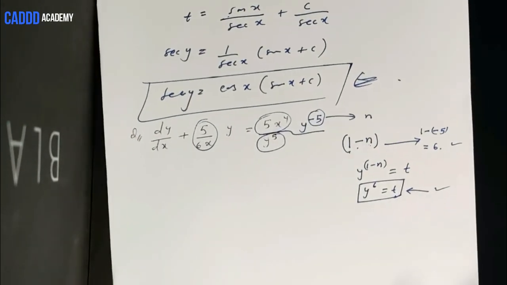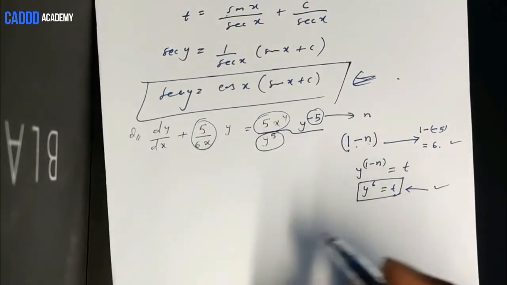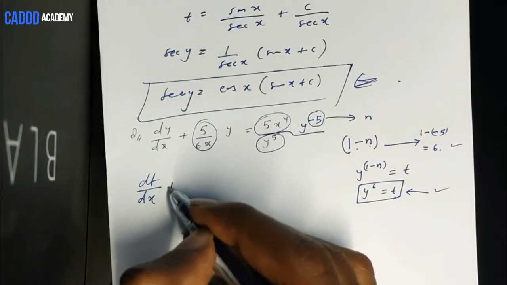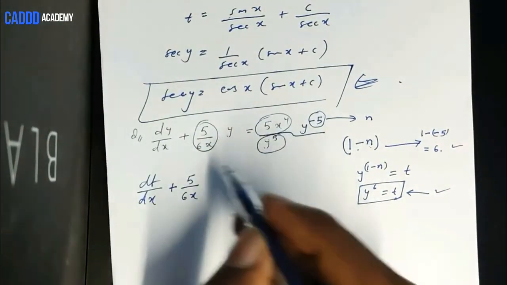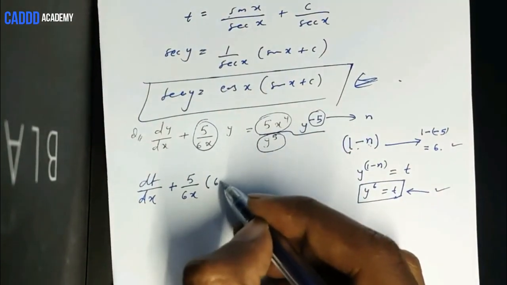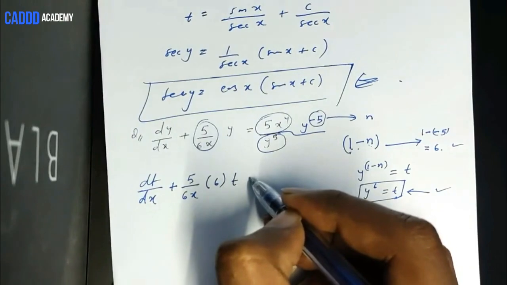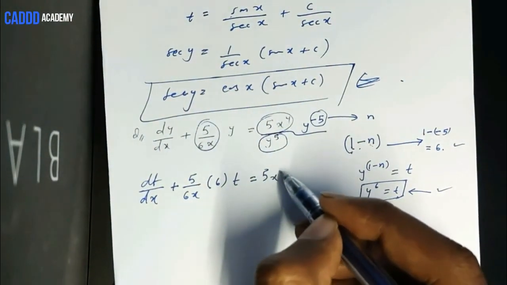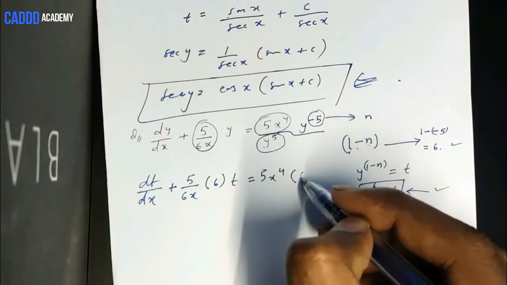Now this equation can be written as a linear differential equation like dt by dx plus this term, multiplied by 1 minus n, which is 6 into t, is equal to this term 5x to the power 4 multiplied by 6.